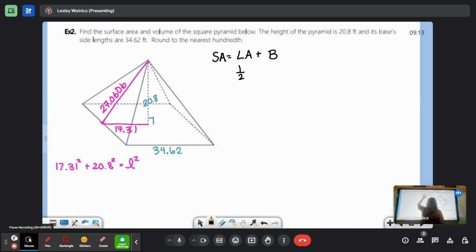So the number of sides is 4. The side length is 34.6, and the slant height is 27.0606. So this is N, this is S, this is L.